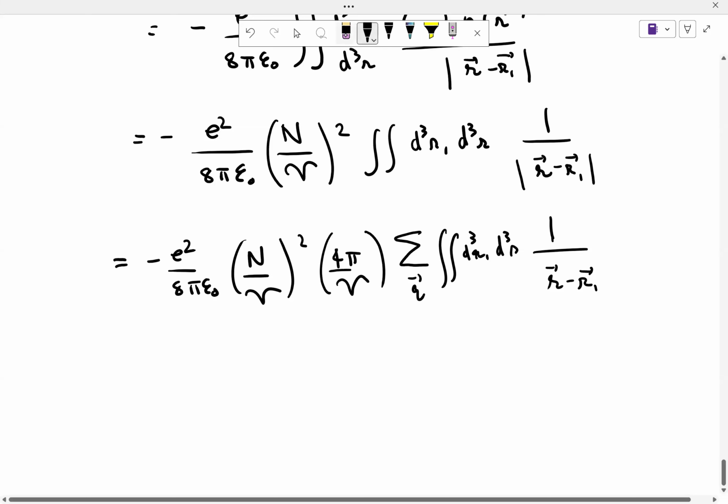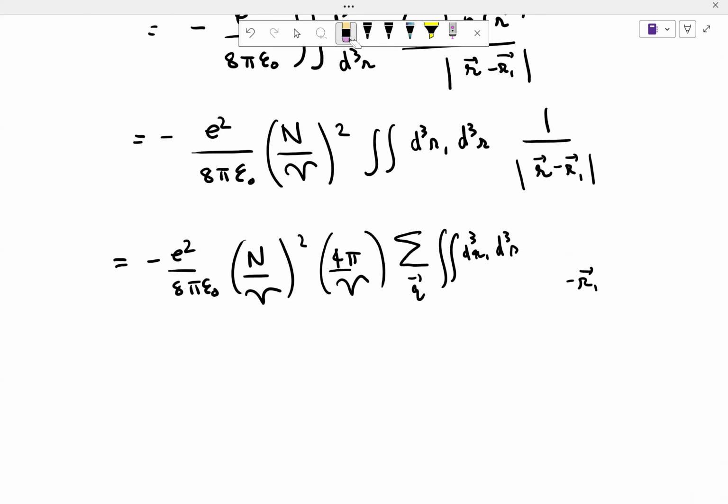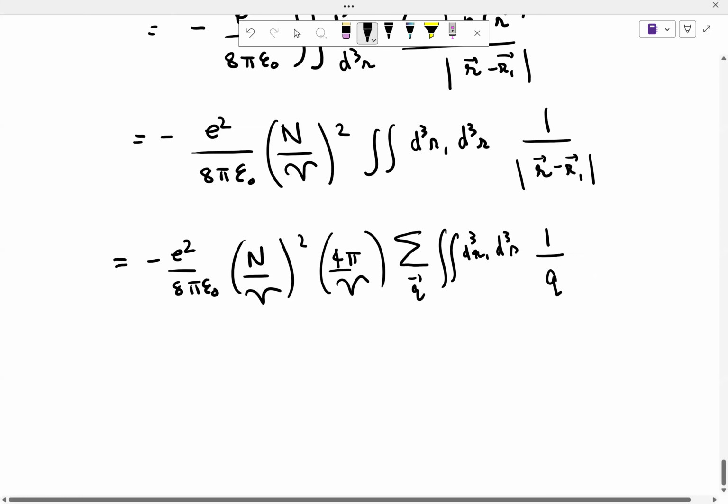Sorry, this is to be replaced by 1 over q square e to the minus iq dot r minus r1.